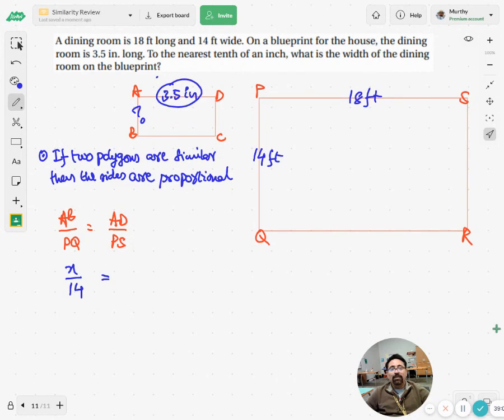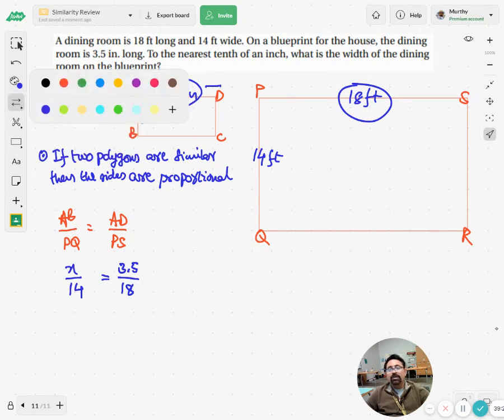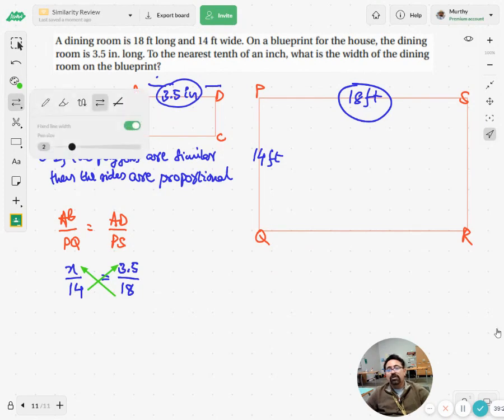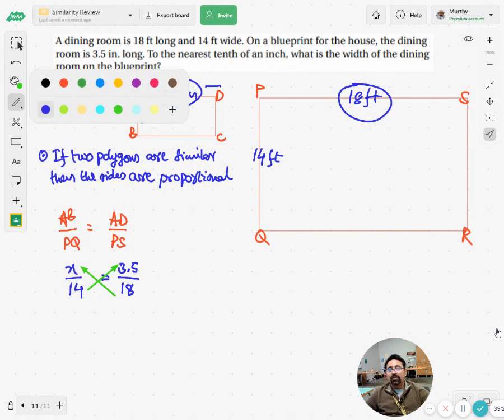Then AD, that is 3.5 inches over 18 feet. All right, go for cross multiplication. So these two are to be multiplied. Grab a calculator, paper, pencil, do the calculations and tell me what's the value of x.